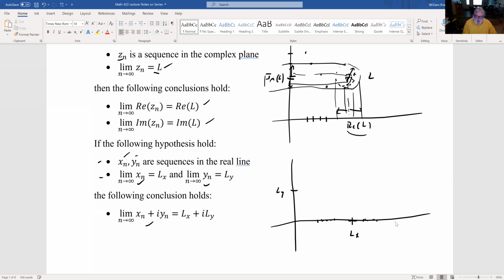Here's an L sub y. We have lots of y sub n's on our y-axis, and they converge to L sub y. What does it mean to converge? Given any epsilon, there's a distance, L sub y plus or minus epsilon, and there's a capital N so that the entire tail end of the sequence is within there.